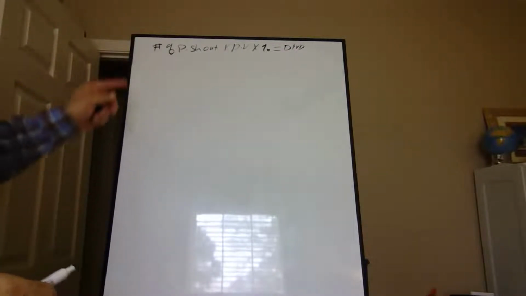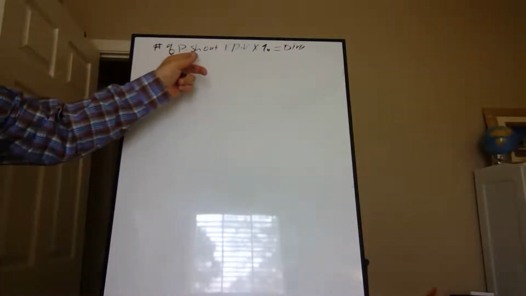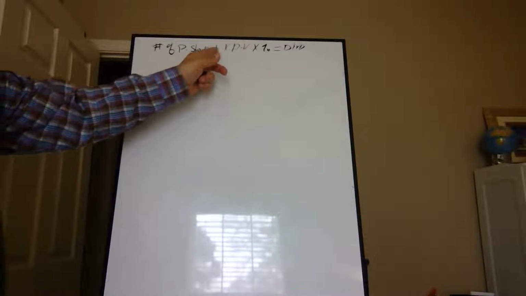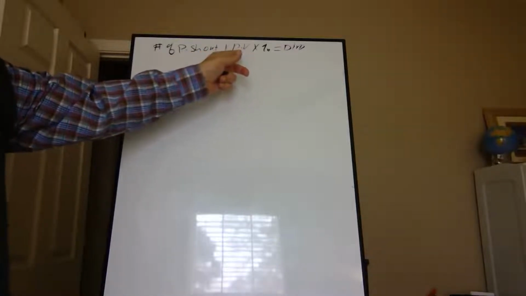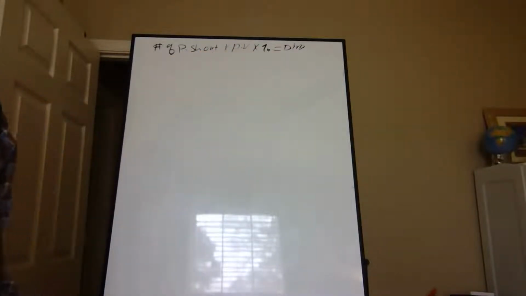One more time, it's the number of preferred shares outstanding times the par value times the percentage given. We'll come to that in a minute.